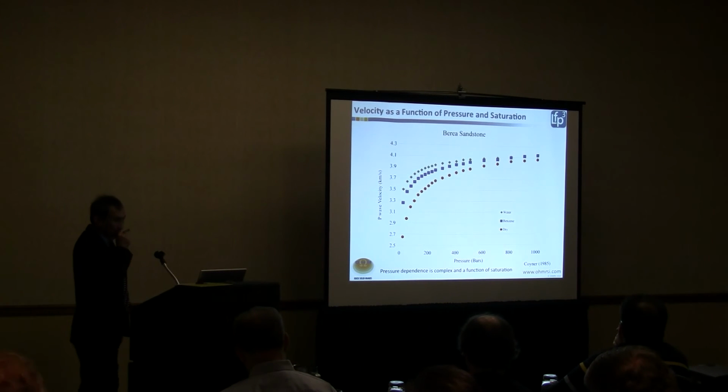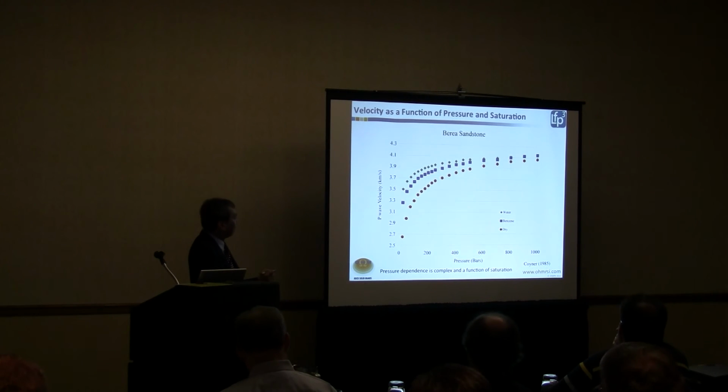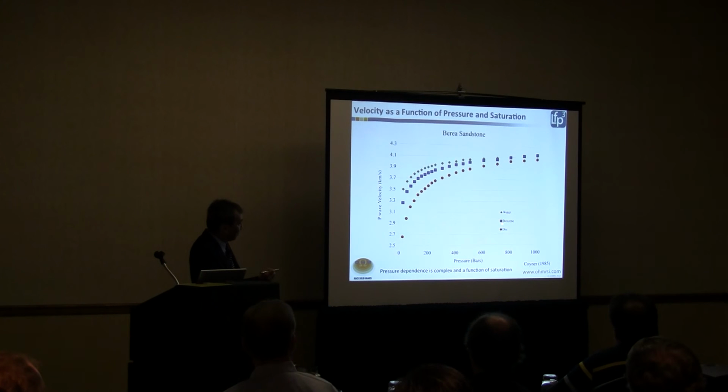Okay, this is another thing that people have known well over the years, but we keep repeating. This is a velocity versus pressure curve with water, benzene, and air dry samples. Pressure dependence is complex and really a function of saturation.